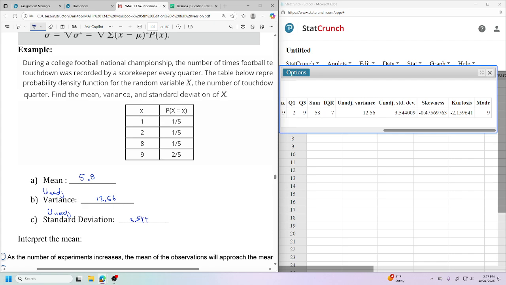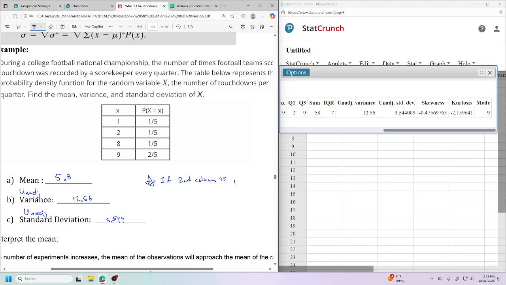So let me tell you what's going on. There are two things we need to take away from this. If the second column is probabilities, then you're going to use the unadjusted standard deviation. I don't think they ever ask for variance.